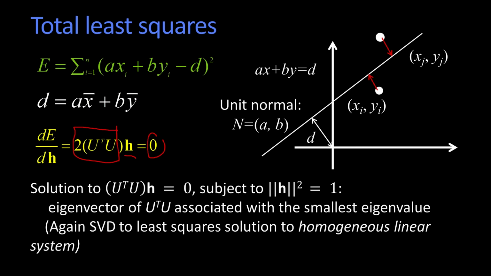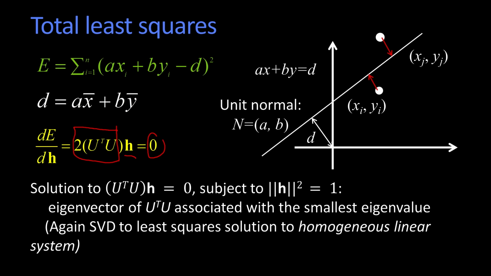All right, so the solution to U transpose U h equals 0, well, the dumb solution is set h equal to 0. We said that wasn't going to work. Remember when we did the essential matrix and when we did calibration and all that stuff? We said, no, since we have everything okay up to a scale factor, what we're going to do is set the magnitude of h equal to 1.